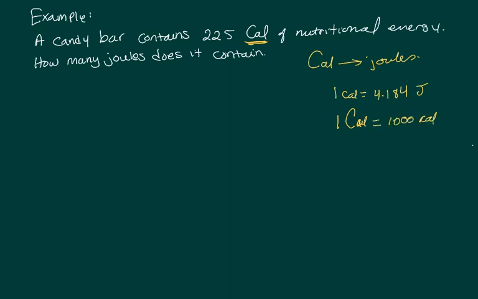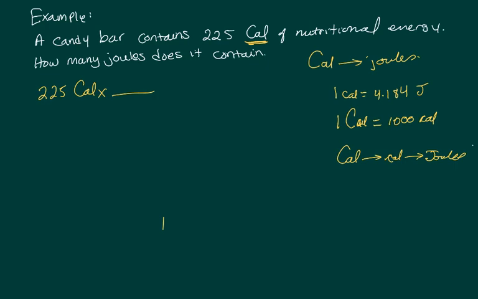So we're going to use dimensional analysis like we've learned in chapter 2. And we're going to start with our given of 225 nutritional calories. Now we want to go from big calories, or nutritional calories, to little calories and then to joules.